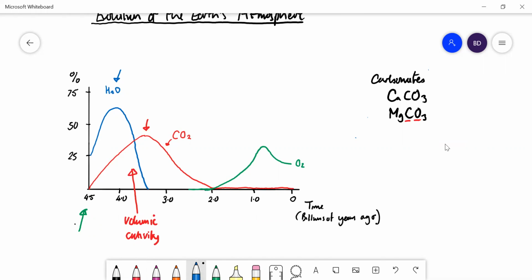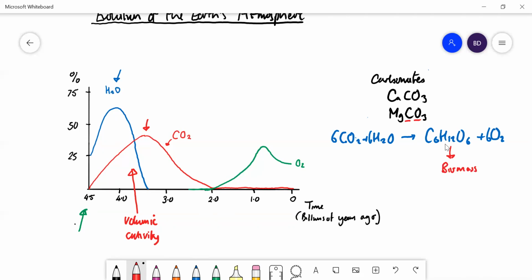What would also be important, later on, would be the evolution of photosynthetic organisms. The equation for photosynthesis is carbon dioxide and water, 6 waters, goes to form, well, initially glucose and oxygen, 6 oxygens, and then of course that glucose would go on to form biomass.